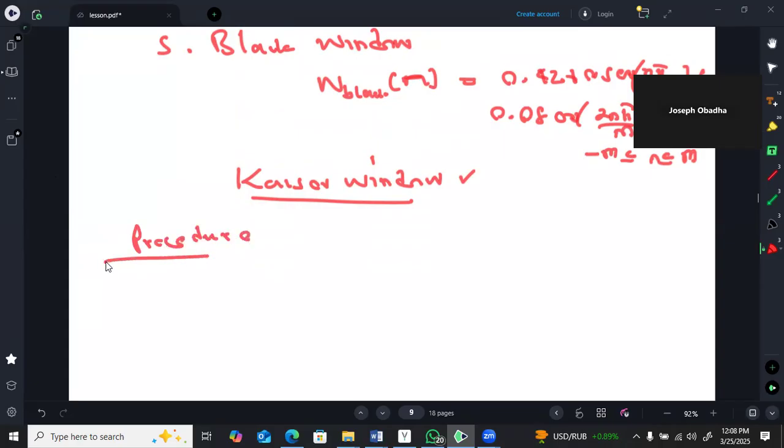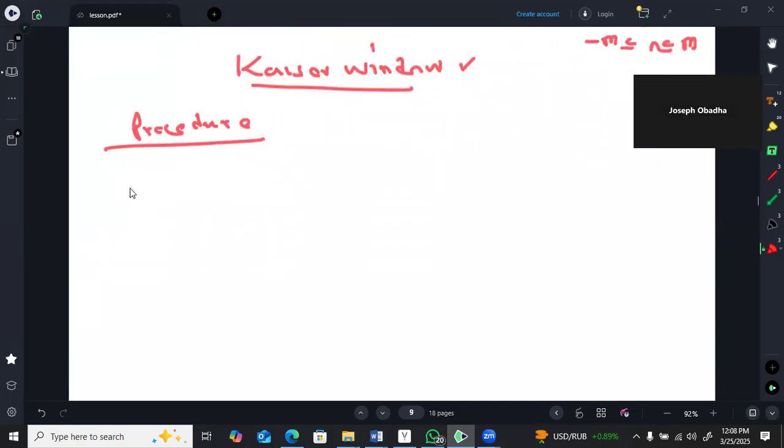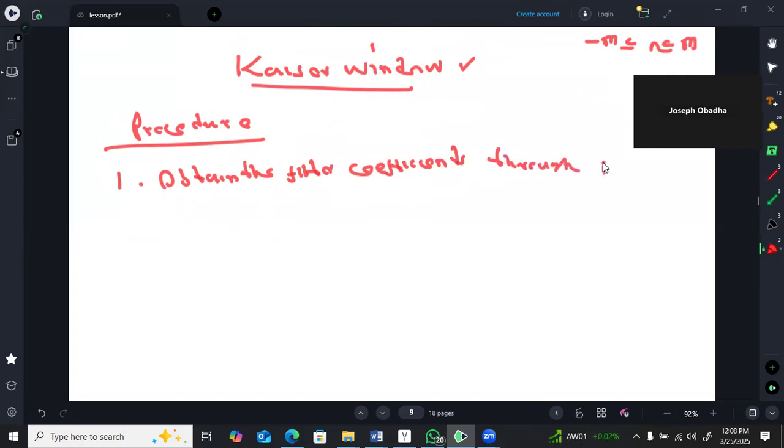Using the window method, the first step would be to obtain the filter coefficients through the Fourier transform method.